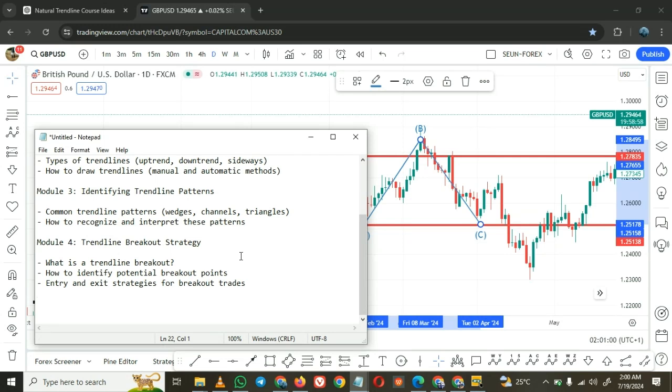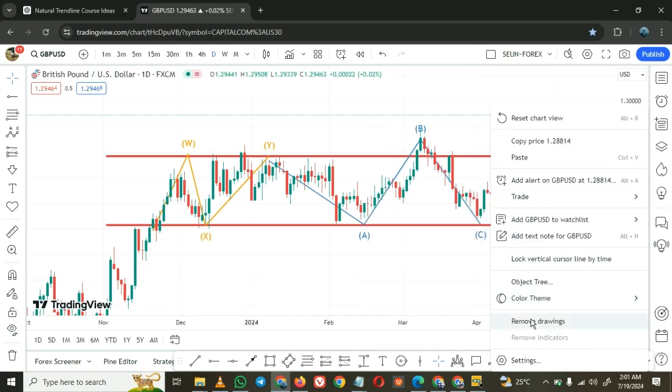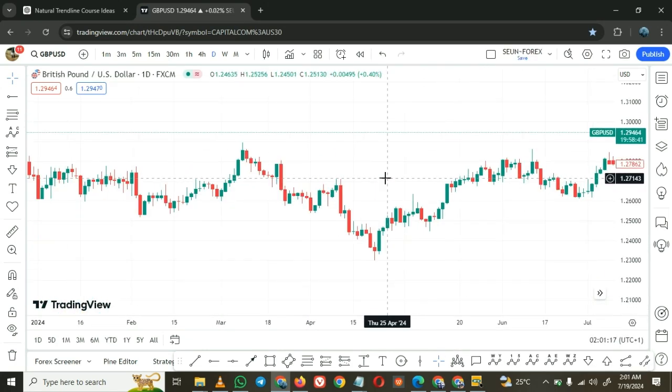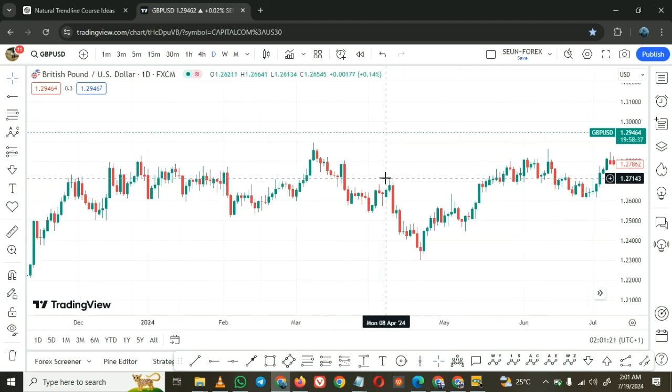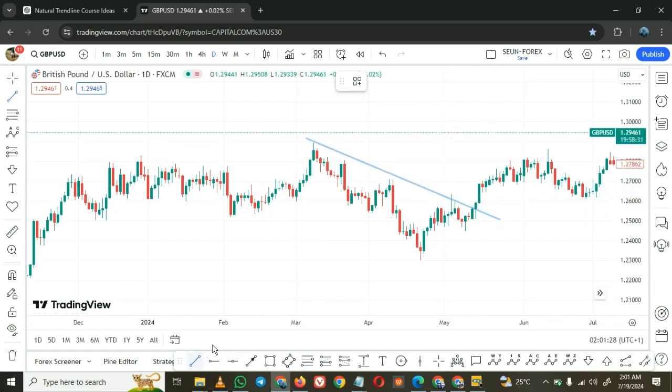Then the last one that I will be talking about here, different types of chart patterns. Trendline, there is no chart patterns without trendline. What does it mean? Every chart pattern is formed through trend line.